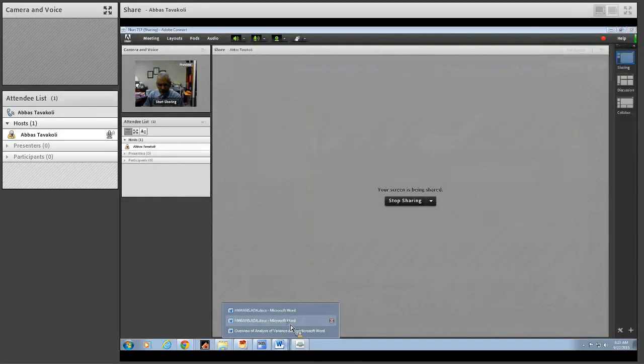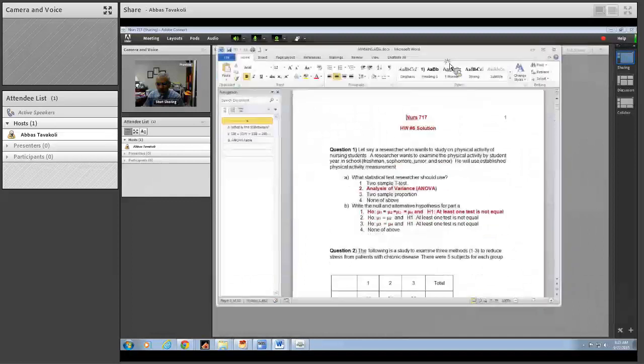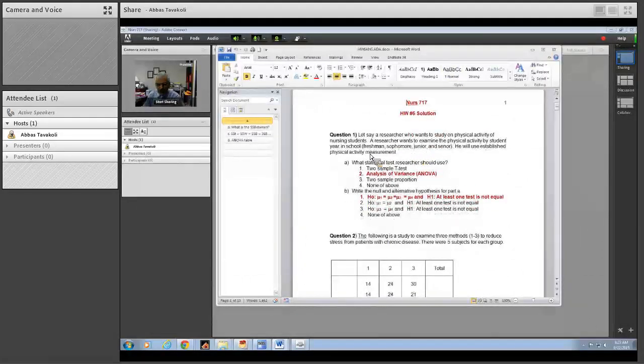The first problem, question one, was: let's say a researcher wanted to study the physical activity of nursing students. A researcher wants to examine physical activity by student year in a school.